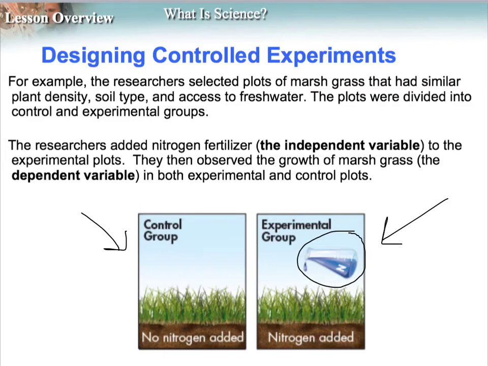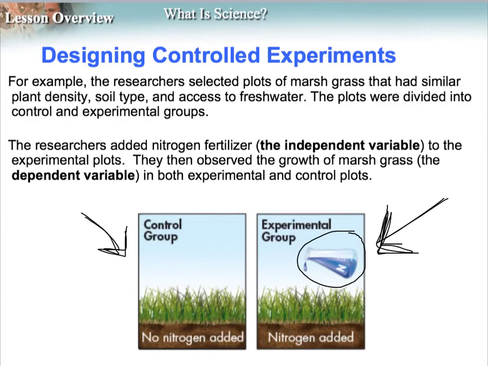Then they can observe the growth of the marsh grass in both the experimental and the controlled plots to see which one grew taller. Because we kept all the other variables the same, if the experimental group grew taller, we know that it's because of the added nitrogen, since that's the only thing that's different from the control group, right?